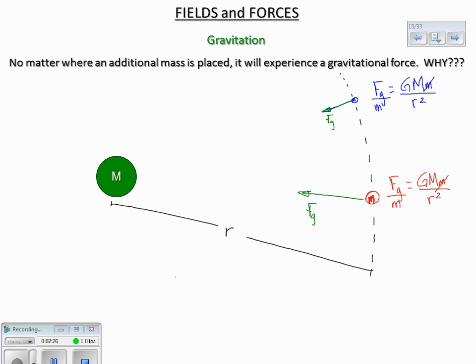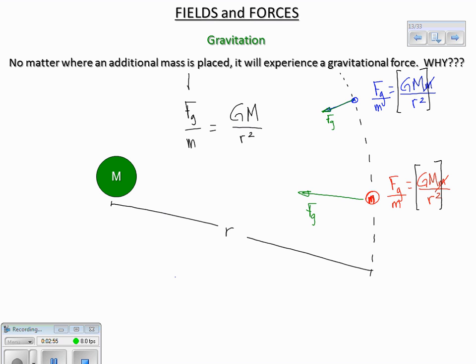Now notice that each of these expressions, GM over r squared and GM over r squared, are the same. So what we've just defined is this quantity that is gravitational force per unit mass. And we said that's equal to G times M over r squared.